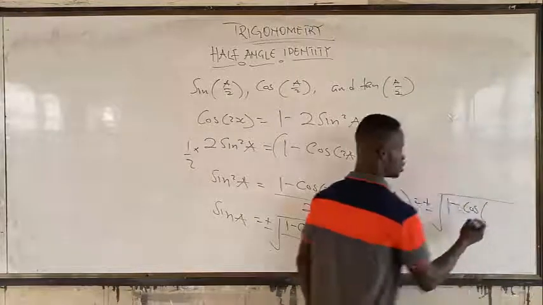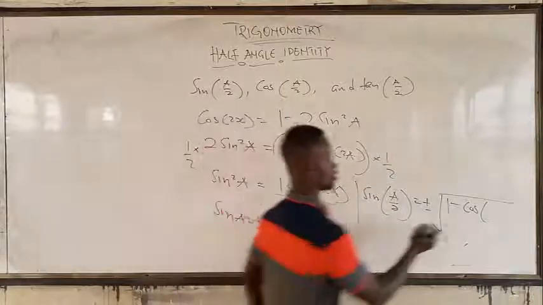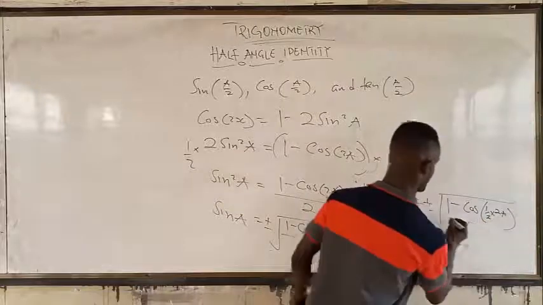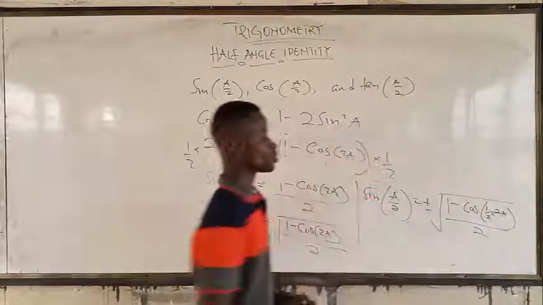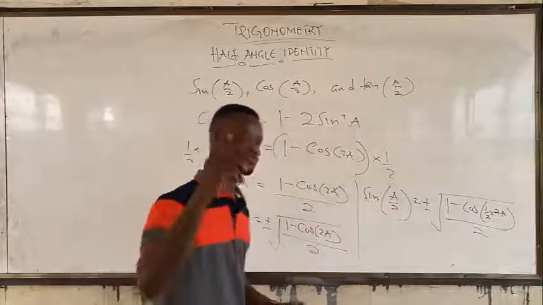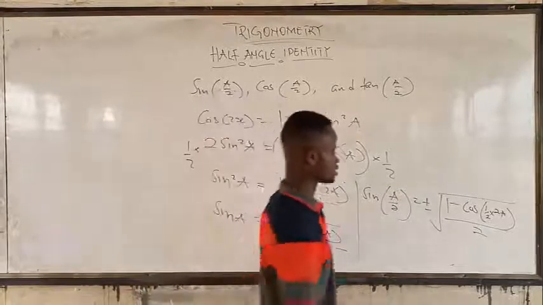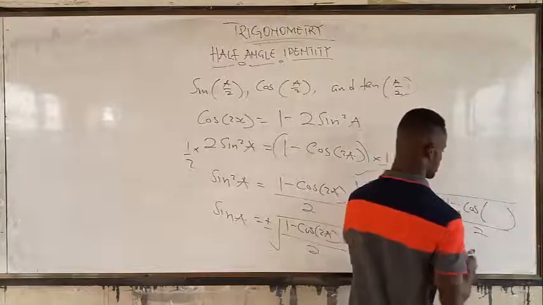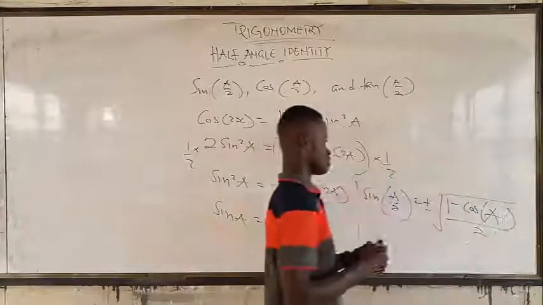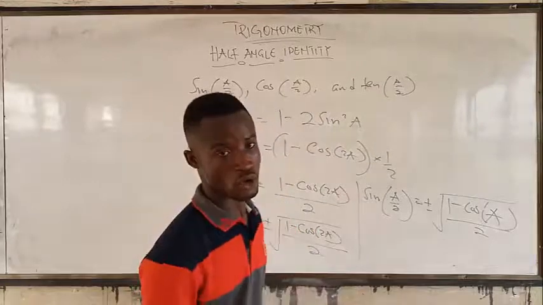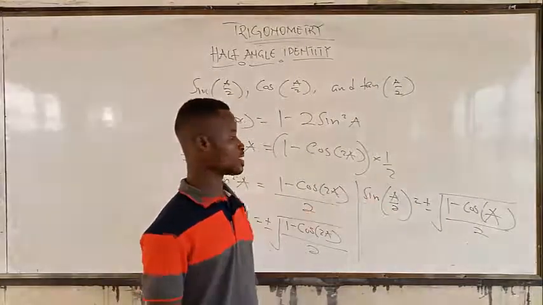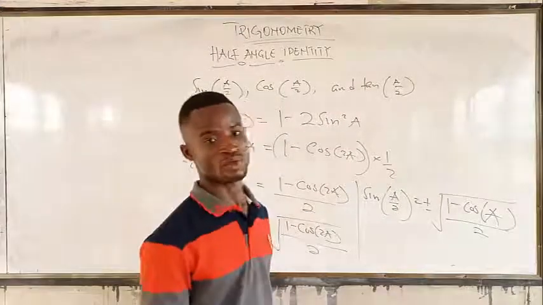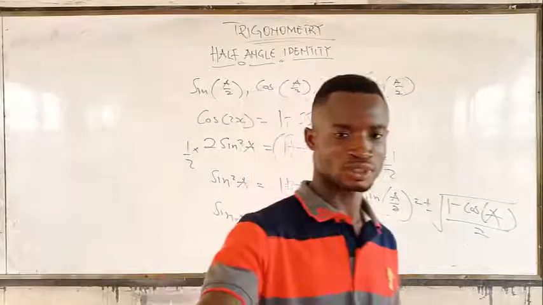So here too, you are going to get half times 2a, all over 2, and the 2s cancel, to be left with a. This establishes the half angle for sine.